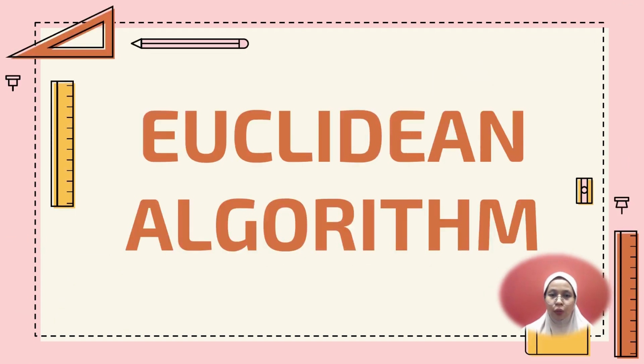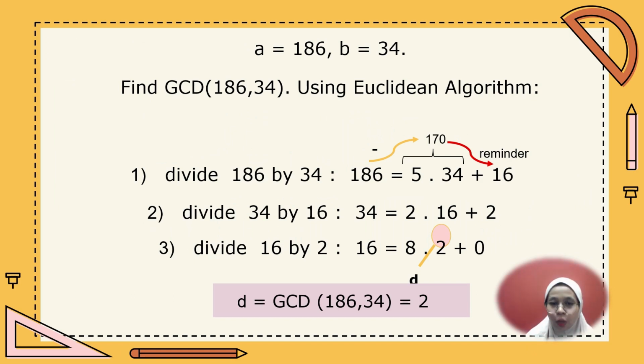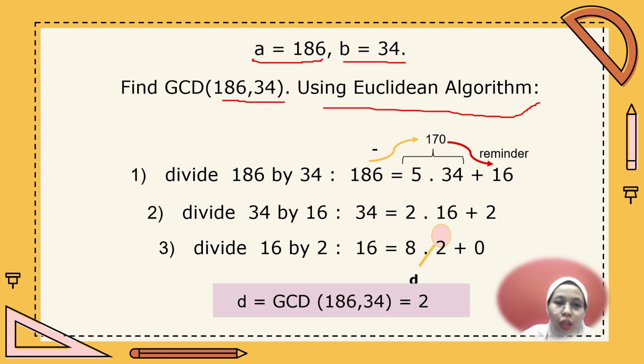Okay, first I will explain about the Euclidean algorithm with an example. A equals 186, B equals 34. Find GCD of 186 and 34 using the Euclidean algorithm. First you need to divide 186 by 34.